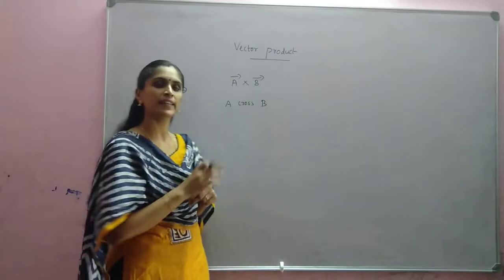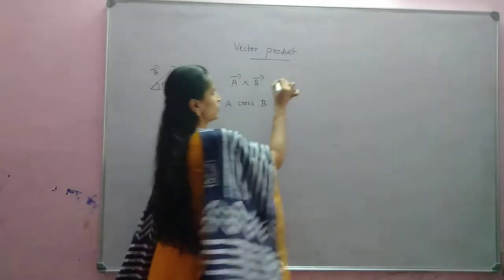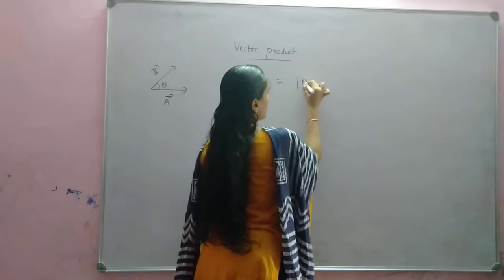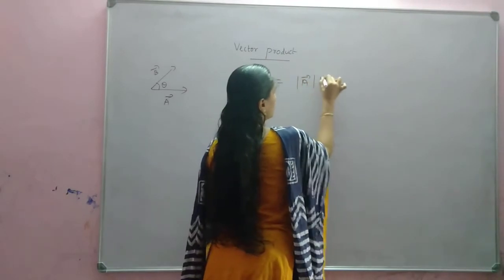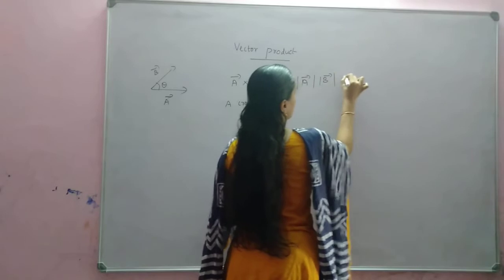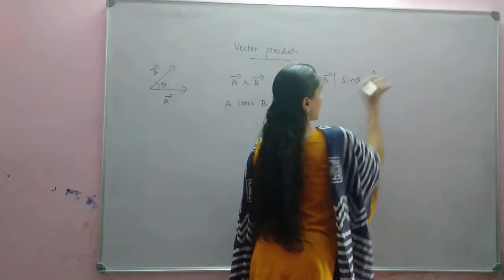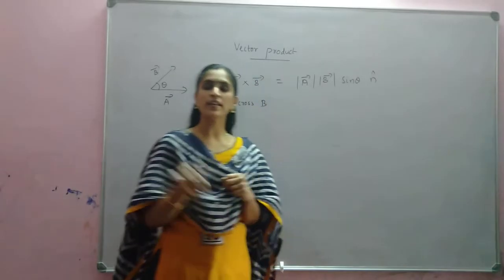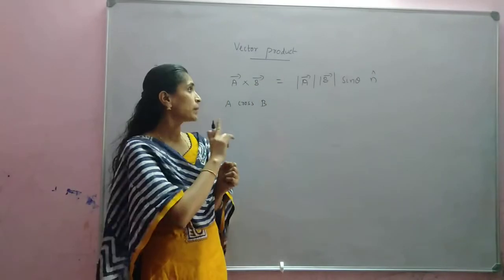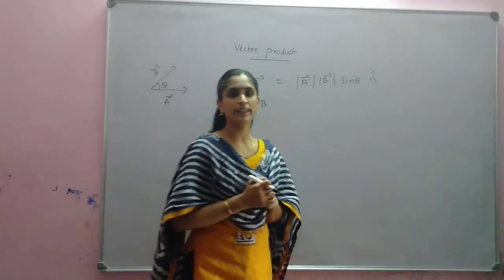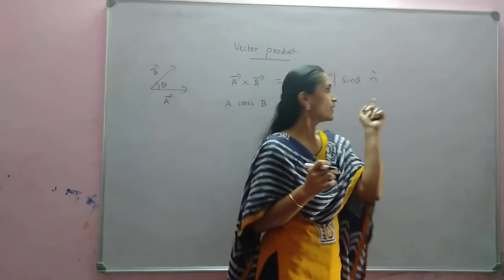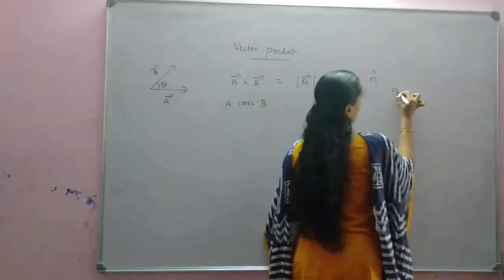So we read it as A cross B is equal to, this is defined as modulus of A into modulus of B into sin theta into n cap, where n cap is a unit vector perpendicular to the plane containing vectors A and B. Okay, it's very important. N cap, what is n cap?